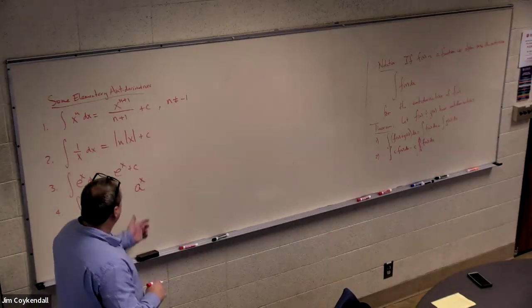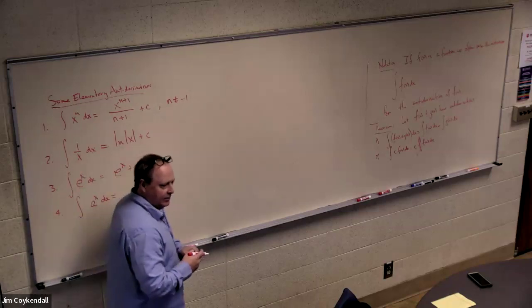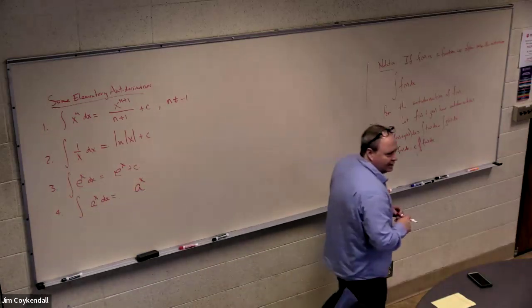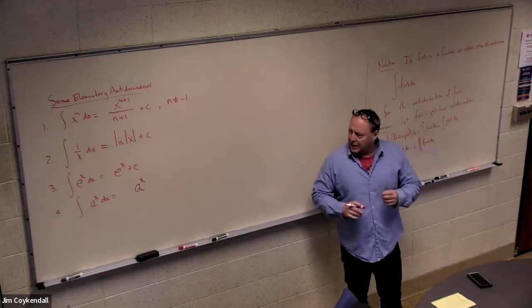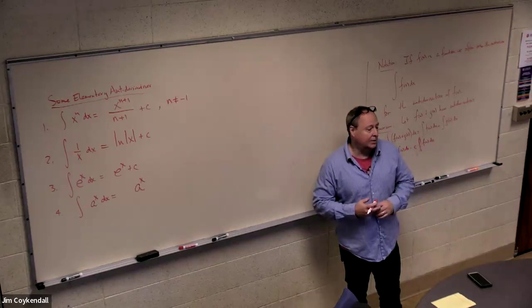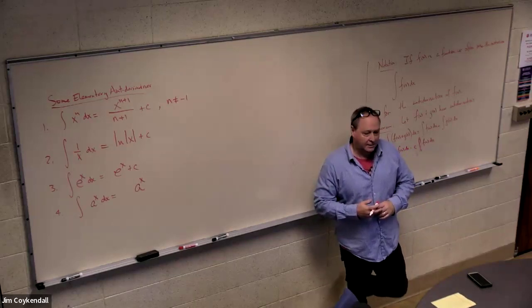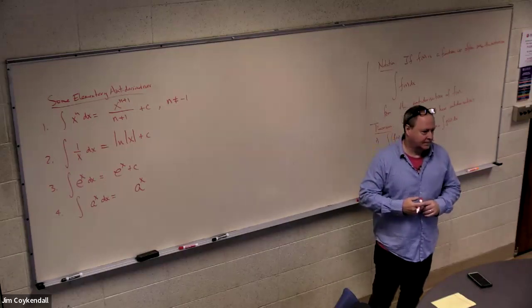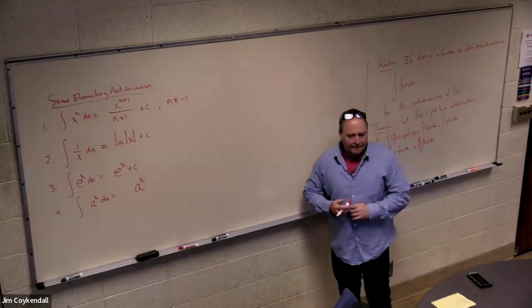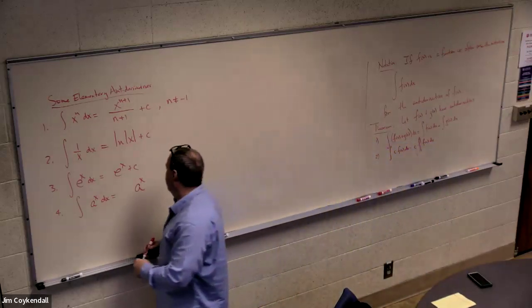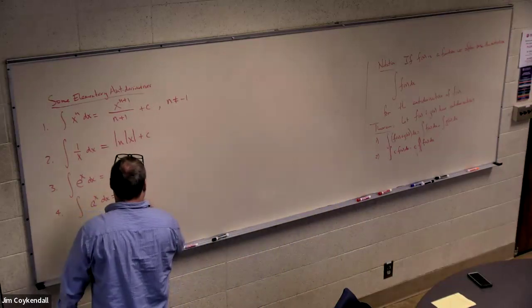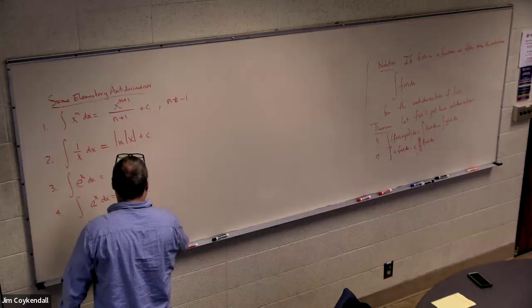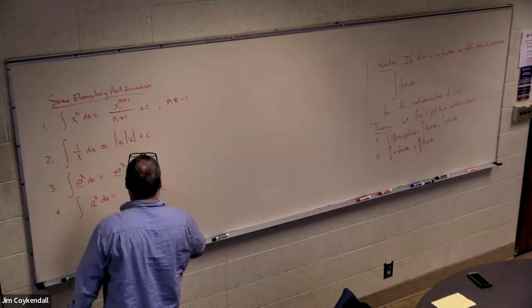You might remember what the derivative of a to the x is. The derivative of a to the x is a to the x times natural log of a. So just divide by natural log of a. It's just a constant to fix this.